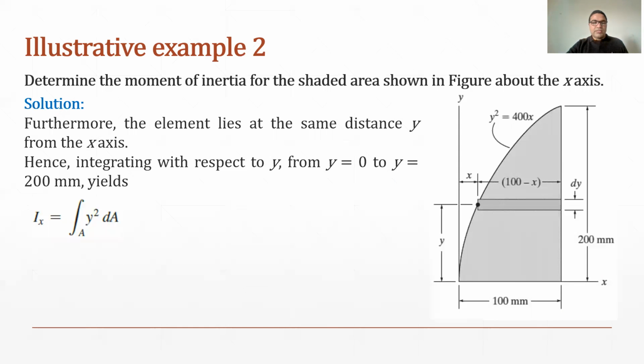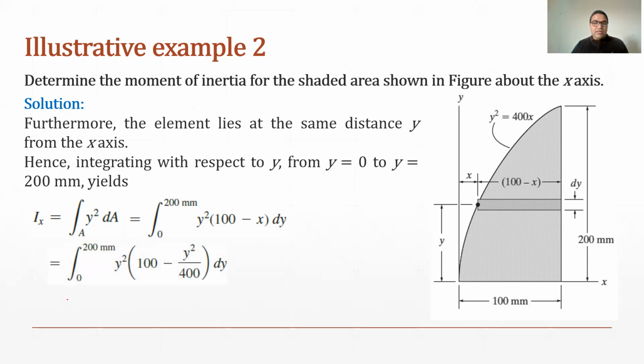So Ixx is the integral of y squared dA. Now dA is 100 minus x into dy. Now we have reached here. Now further solving it, from 0 to 200, this becomes 100 y squared minus y to the power 4 by 400 dy.